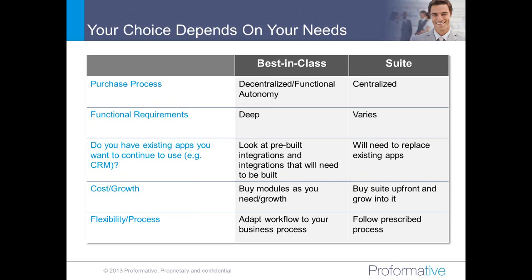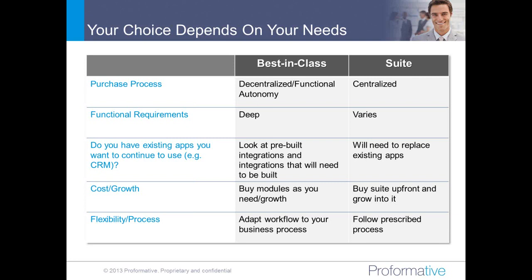We had a prospective client that was evaluating accounting software, and they were looking at 3 different ERP applications. Intact was one of them, and 2 competitors. The 2 competitors were both what we would call a suite solution, whereas Intact tends to take more of a best-in-class approach. They were dealing with 3 different stakeholder groups: finance, a professional services team, and the sales group. With one of the suites, the sales team said, we can't work with the native CRM that's in that ERP suite product.